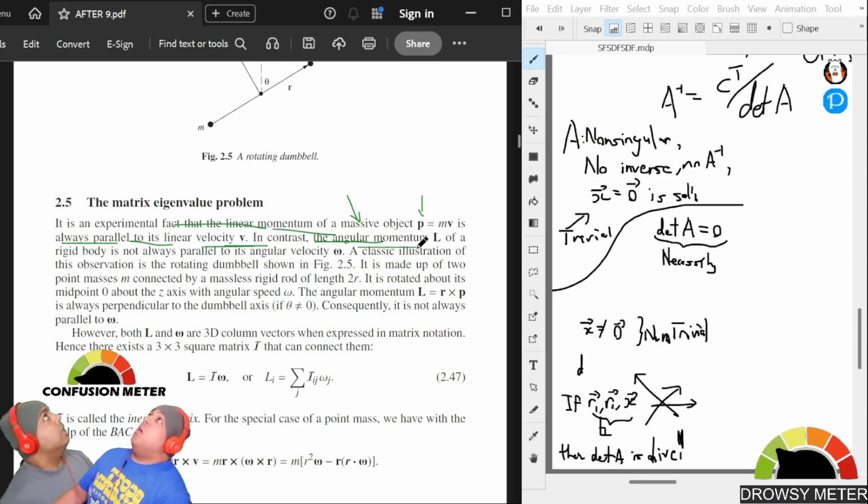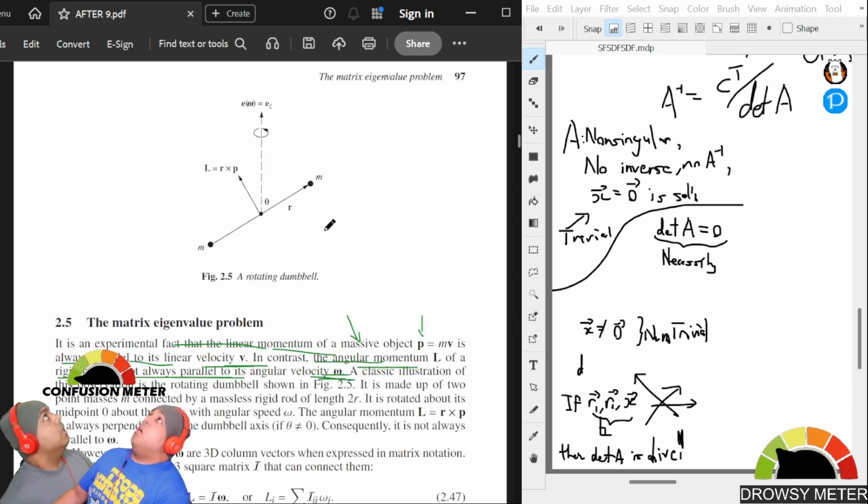In contrast, the angular momentum L of a rigid body is not always parallel to its angular velocity omega.